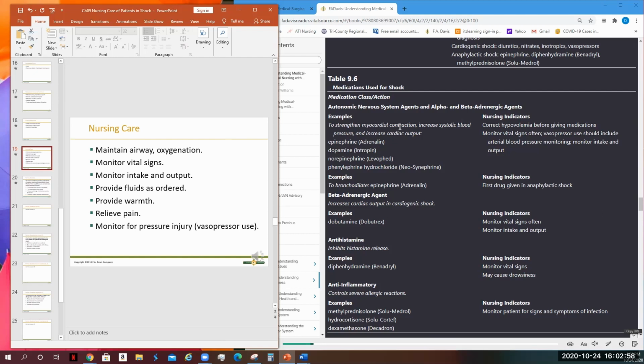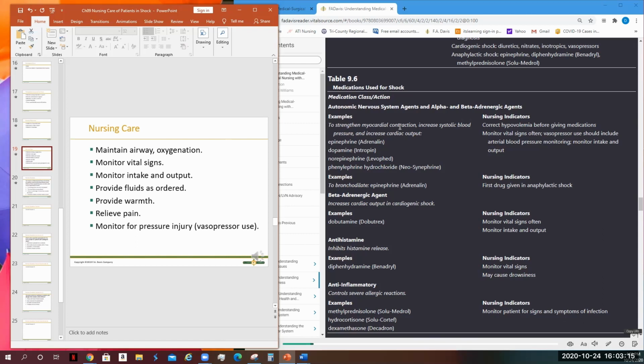An antihistamine will inhibit the histamine release. And an example is the diphenhydramine, which is Benadryl. So again, you'll want to monitor vital signs, and also know this may cause drowsiness.